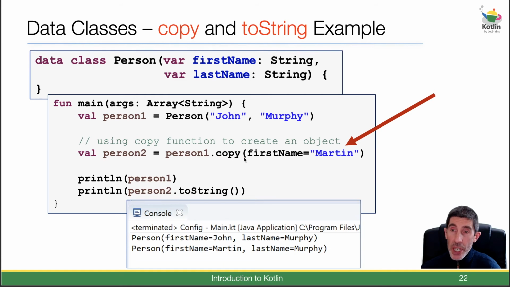So we're copying and updating, person1.copy, assigning a new value to that first name. That is important when it comes to dealing with lists of objects, so that we don't have unintentional knock-on effects where we change one and there's a ripple effect because it's actually referencing the same object.